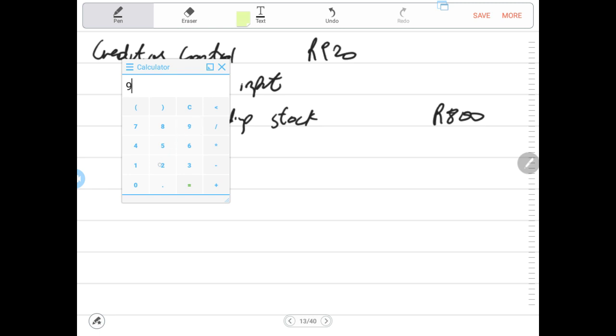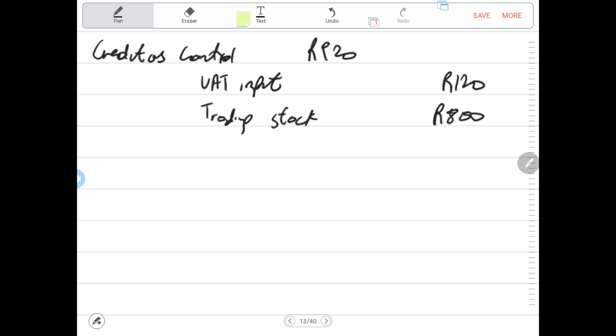It is the amount of 920 that includes VAT, times 100, divided by 115. We are looking for the cost excluding VAT, but we also need to separate VAT and say VAT is 120, which is 800 times 0.15, or 920 times 15 over 115. Because VAT is included, we divide by 115. That still gives us 120. So that will be your return, in the creditors allowance journal. That is where we are recording.